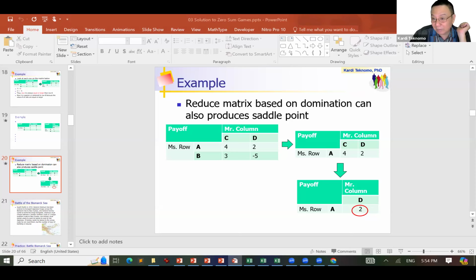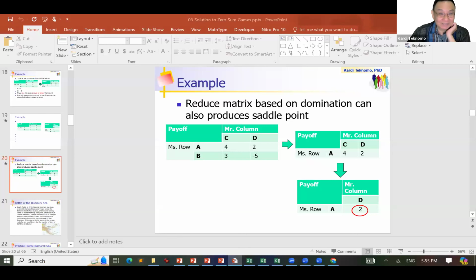Between C and D, D dominated C. So I get the solution now because I get only one cell, AD. You can compare with the minimax and maximin a while ago. You get exactly the same answer.